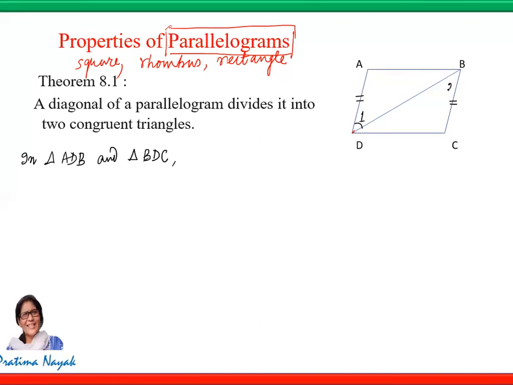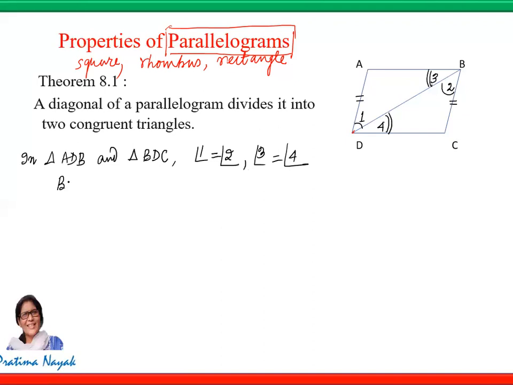I can write angle 1 is equal to angle 2. Why? Because alternate angles are equal. Angle 1 is angle 2. Similarly, angle 3 equal to angle 4. And BD is common.